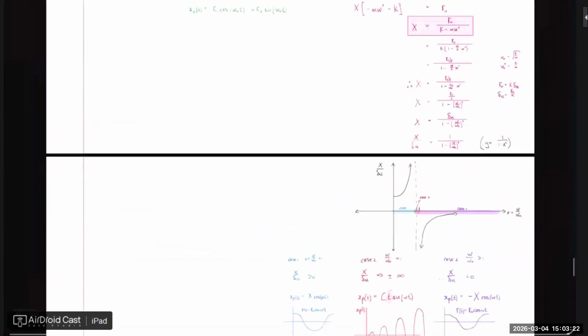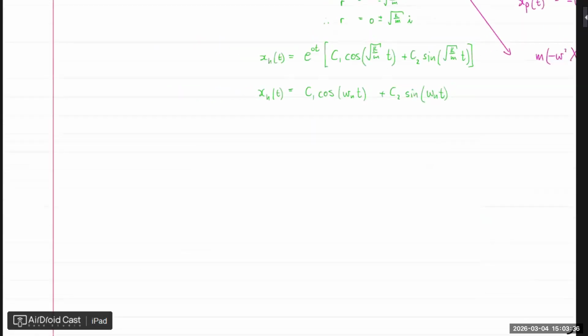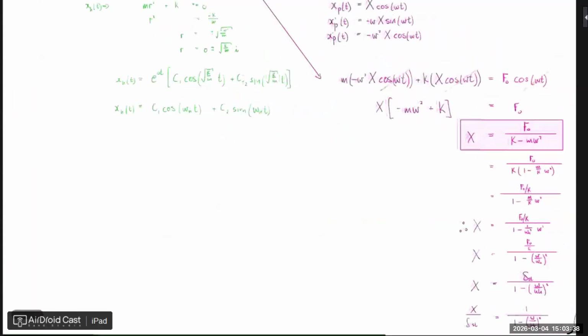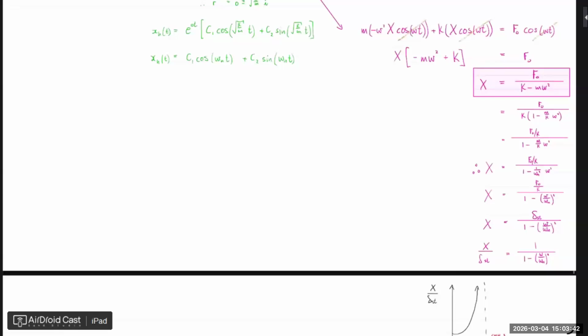All right, so let's get back to where we're going to calculate C1 and C2, and then we're going to tie everything together and then do some questions. So at the end, we have everything that we need.